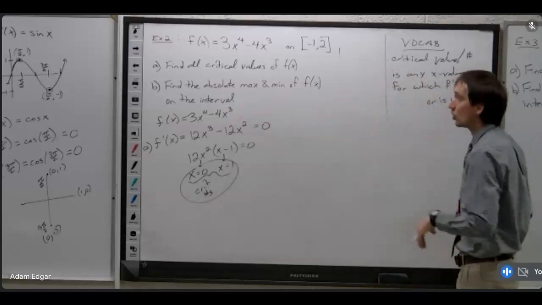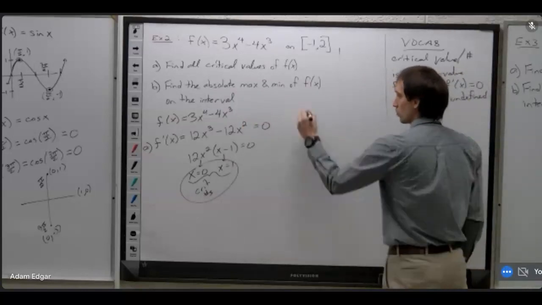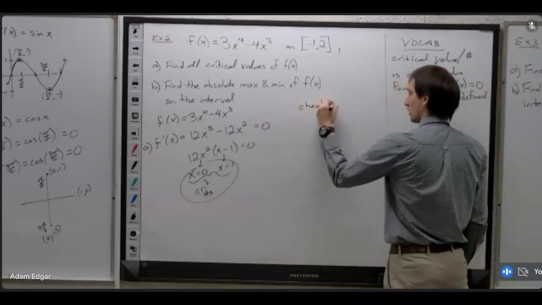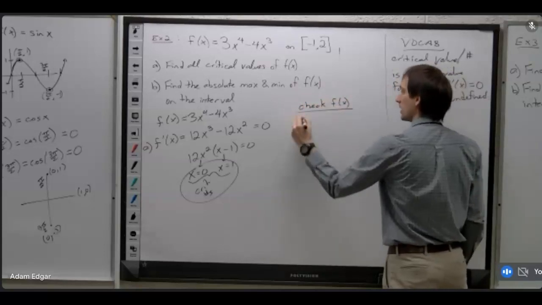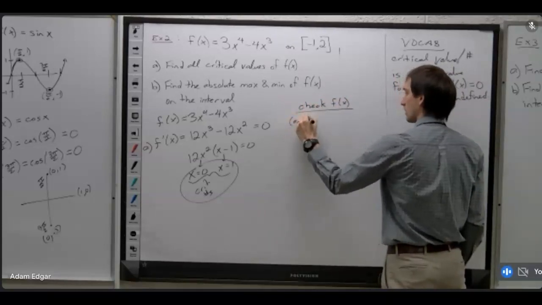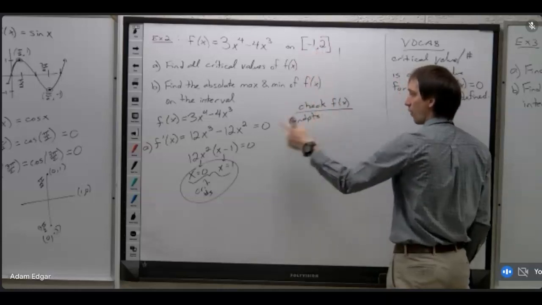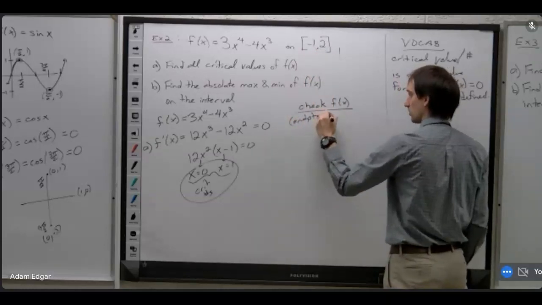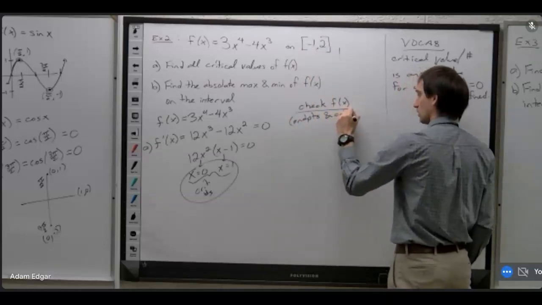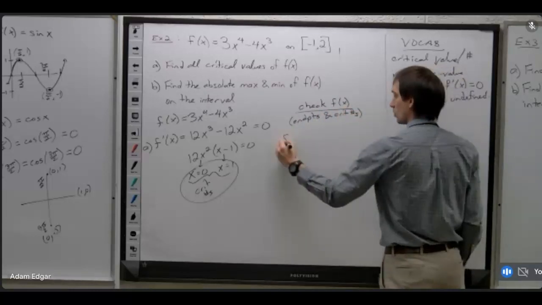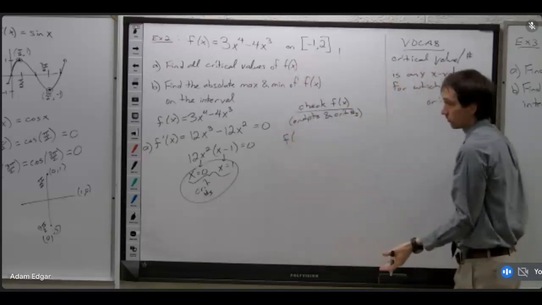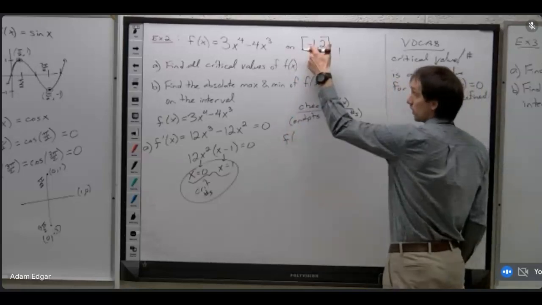So what we're now going to do is check f of x. We've got to check endpoints because we're on a closed interval, and we've got to check our critical numbers. I would just work through from left to right. The leftmost point on the interval is at -1.